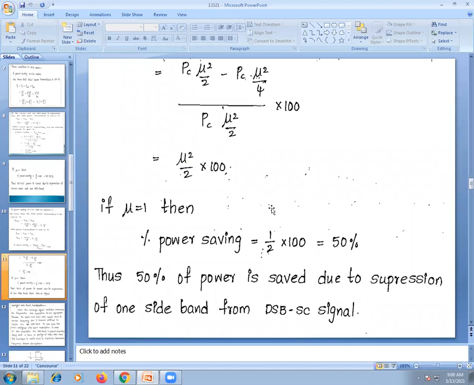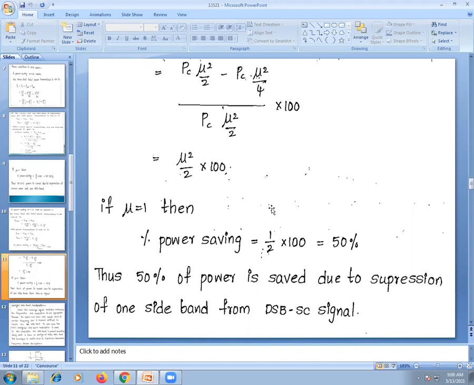You discuss the three concepts there. With respect to m, allowable modulation depends upon the m value only. So m less than 1 is allowable modulation.